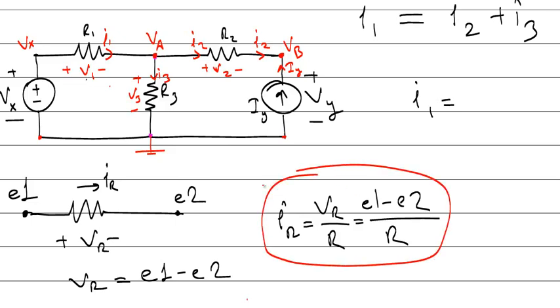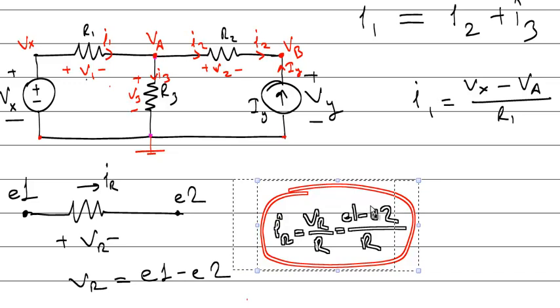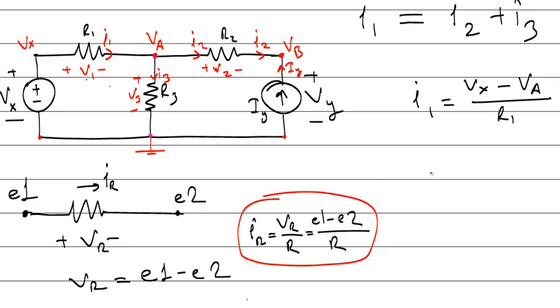Okay. So what's I1? Look here. Positive side Vx, negative side VA, resistance R1. Okay, that's it. What's I2?